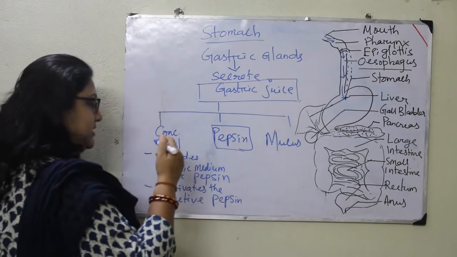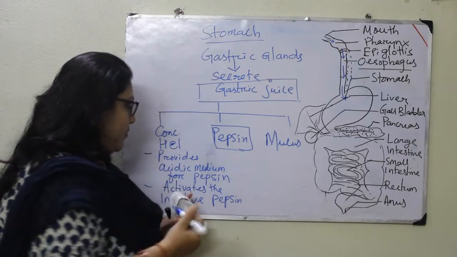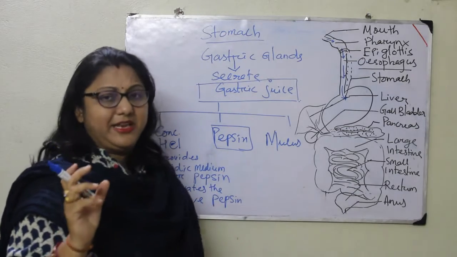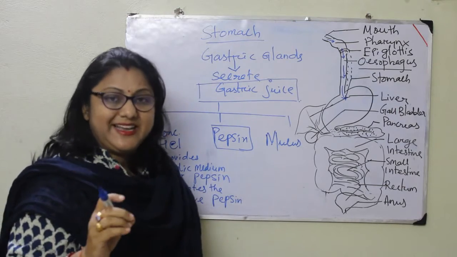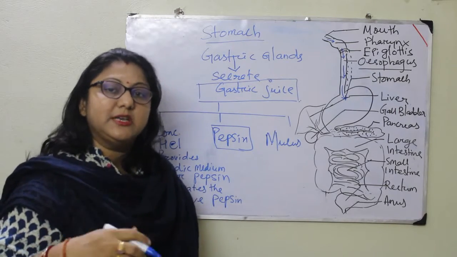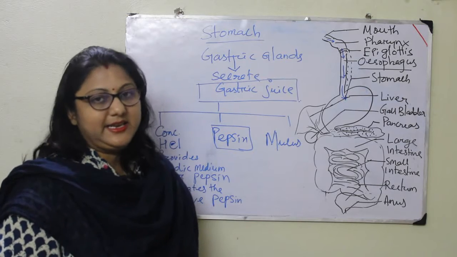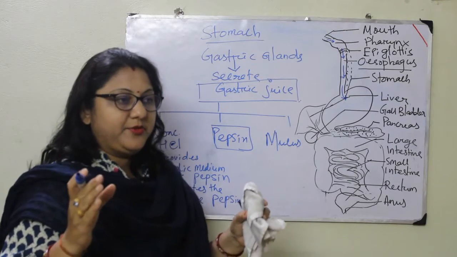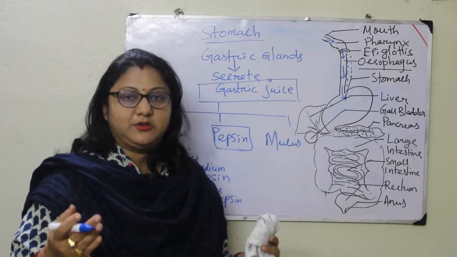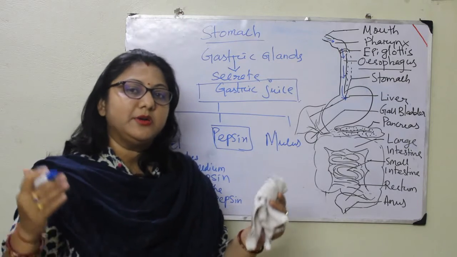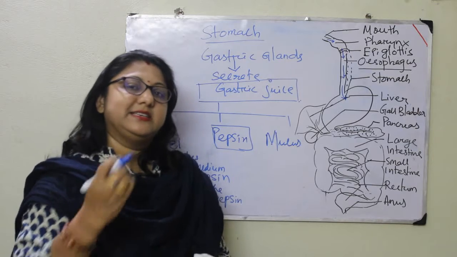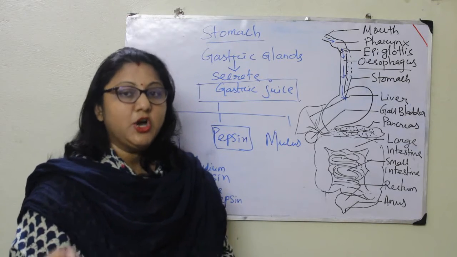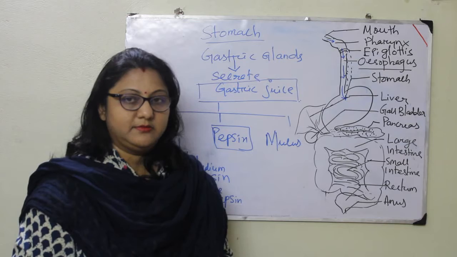And one more role. Now what is providing the acidic medium? The pepsin enzyme needs a pH which should be acidic in nature. If you don't know about pH, in chemistry you will be reading about pH. pH determines whether a particular substance is acidic, basic, or neutral, right?